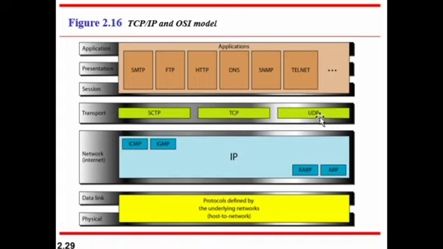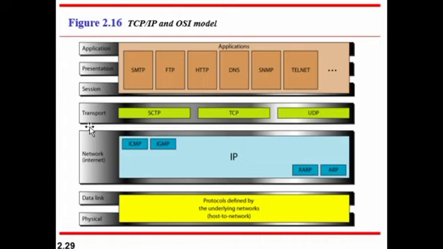UDP is the user datagram protocol, used in the transport layer. And then when we started online streaming, we started using another protocol, SCTP, the stream control transmission protocol, that is used for online sessions, right? So these were the three protocols mainly used in the transport layer.